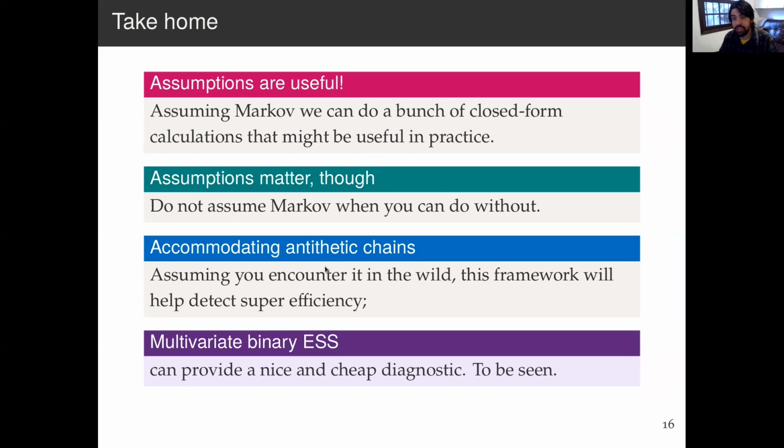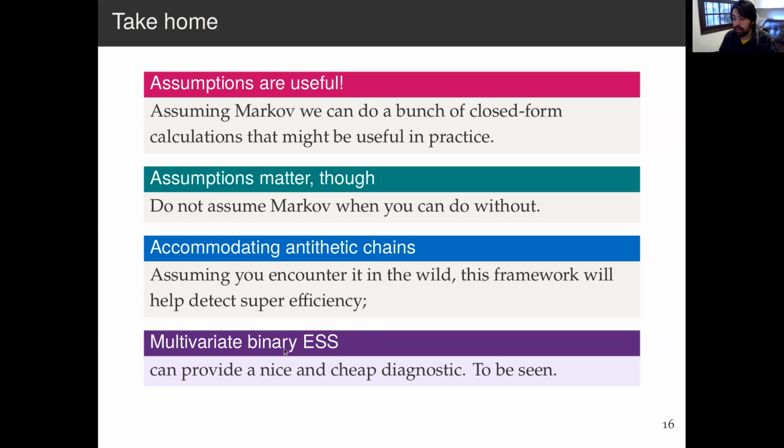Our approach has the advantage of seamlessly accommodating antithetic, super efficient binary processes. So if you're facing an application where that's potentially present, our method will do the right thing and estimate ESS the correct way for you.